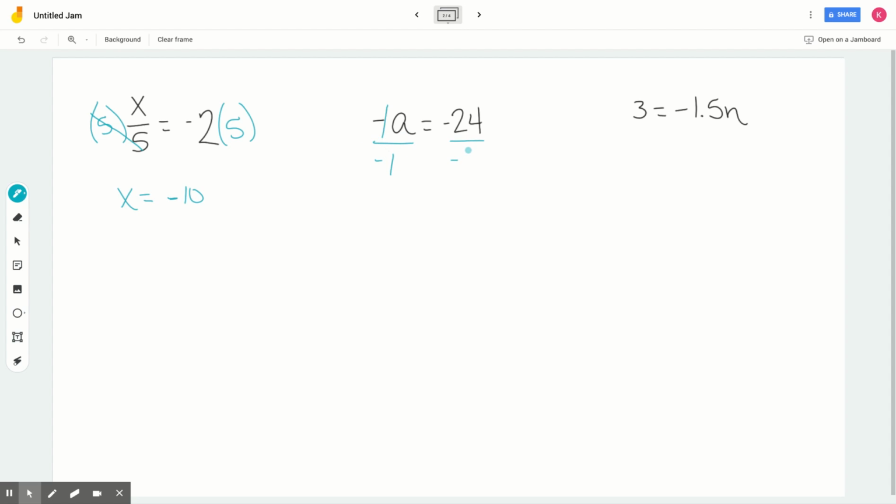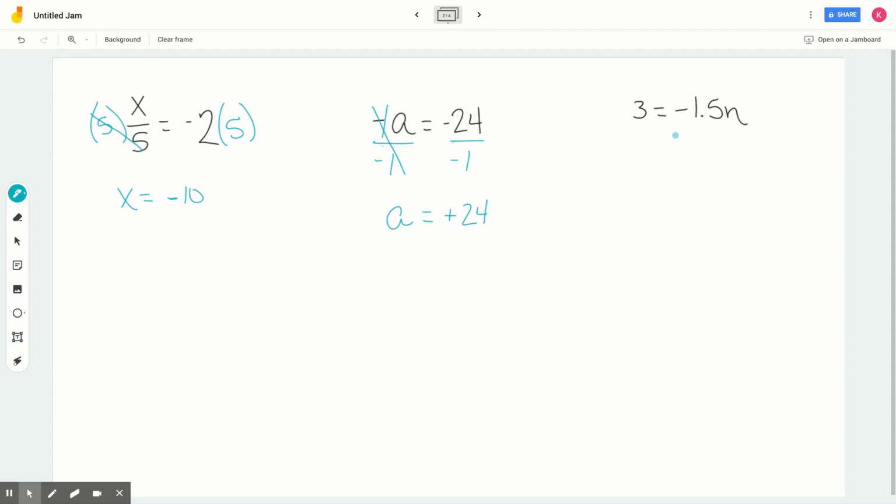So we're going to divide by -1. When we do that, this will cancel, and we're left with a. Negative divided by a negative is a positive, and 24 divided by 1 is 24. Now here, see that we use that fraction bar to show division, which is what you should be doing as well.